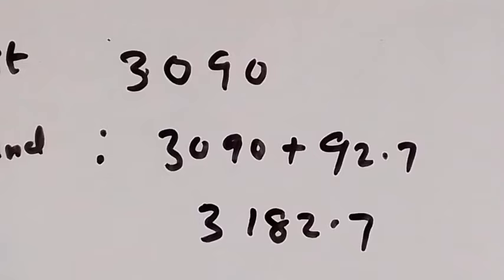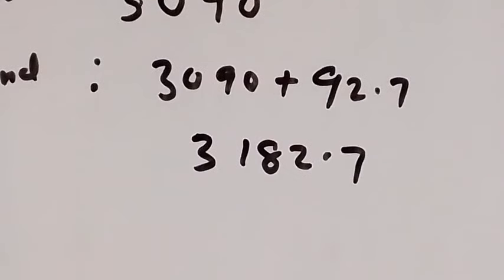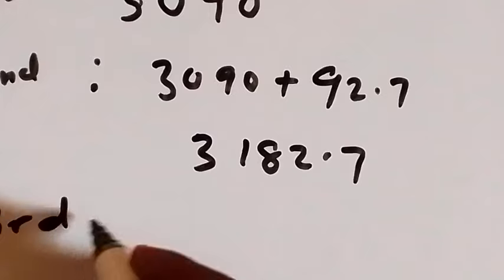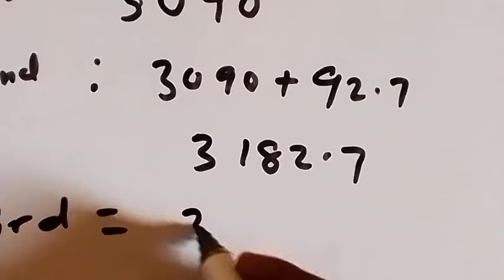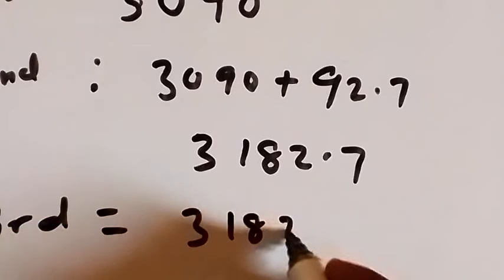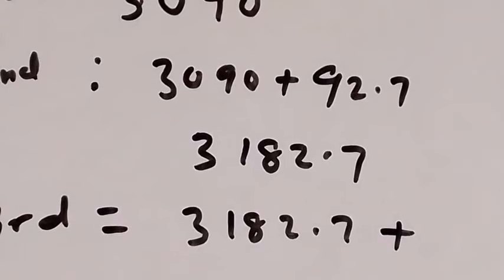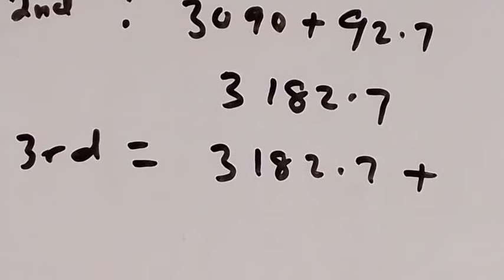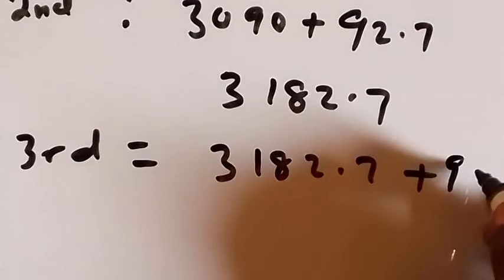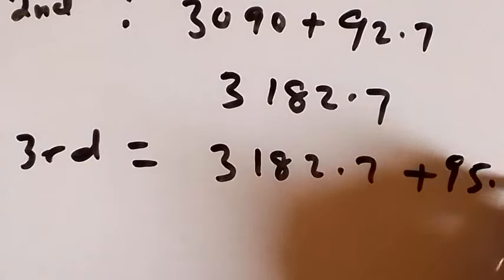Then the third year will also increase by 3%. So the third year will be 3,182.7 plus 3% of that. We multiply by 0.03, which gives 95.481.